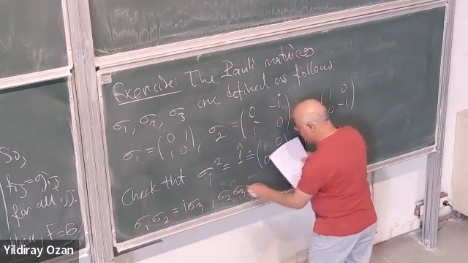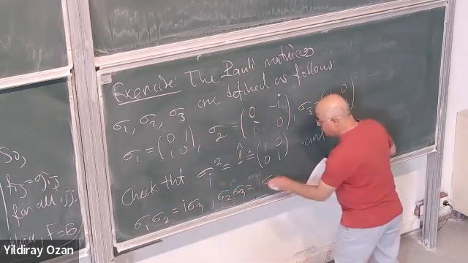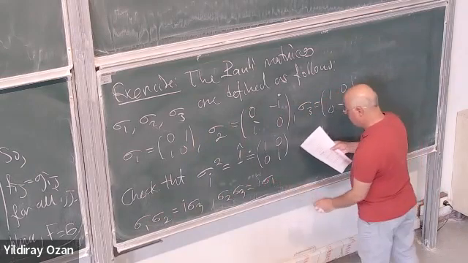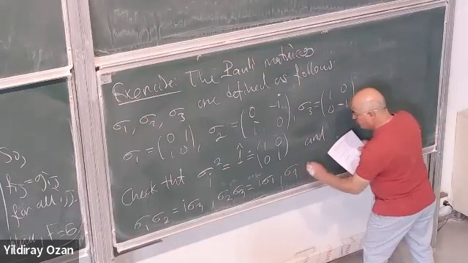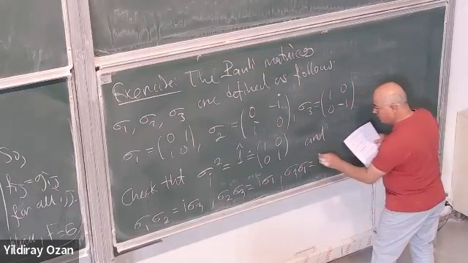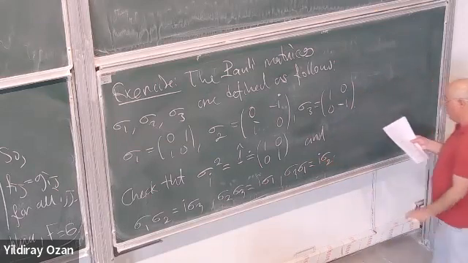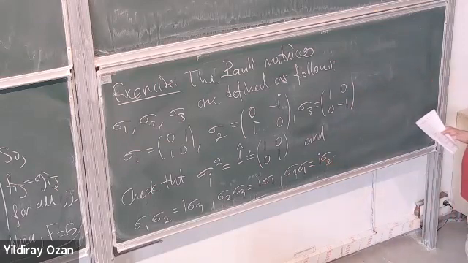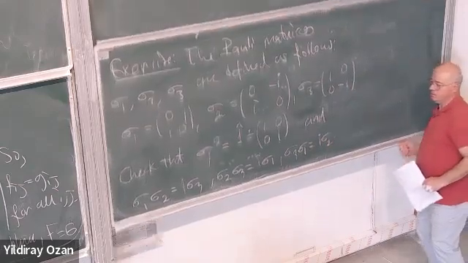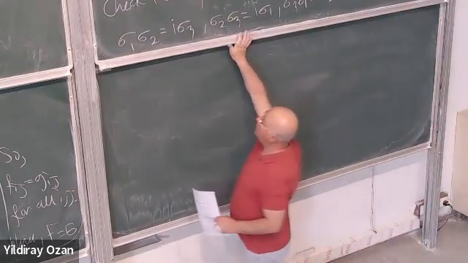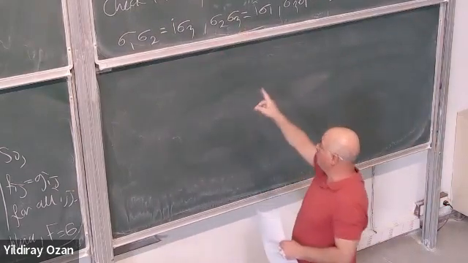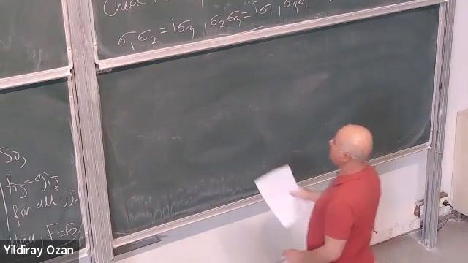Sigma 2 times sigma 3 is just I times sigma 1. And so on. So sigma 3 times sigma 1 is I times sigma 2. So you are asked to show these identities for these matrices.